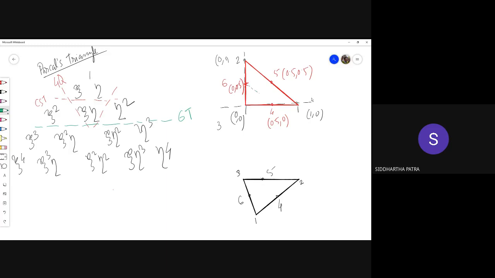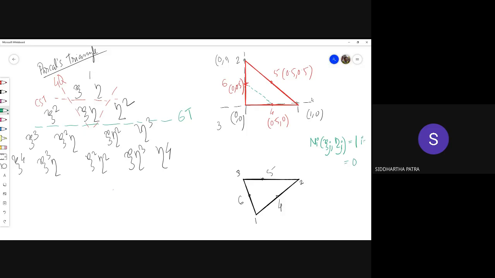We have learned two things about the shape functions. At the ith node, the ith shape function should be 1.